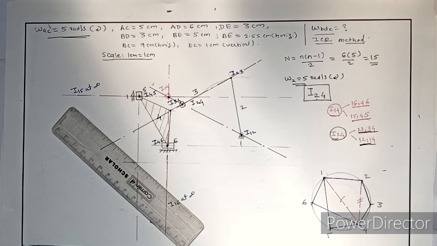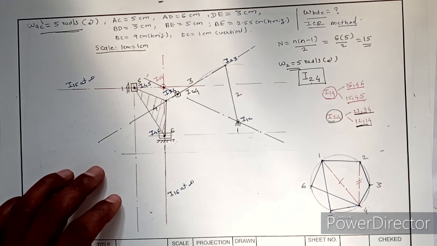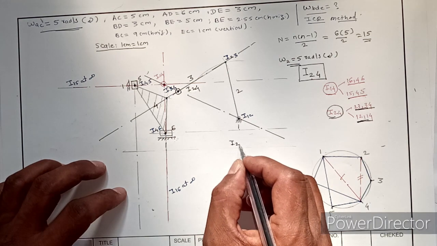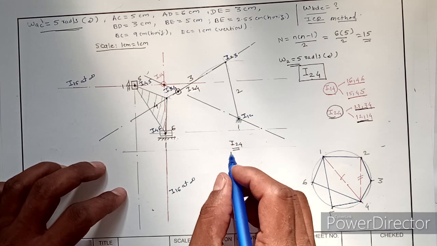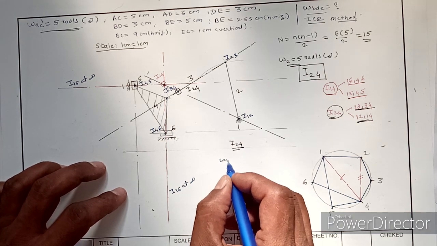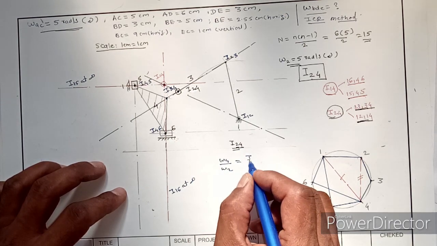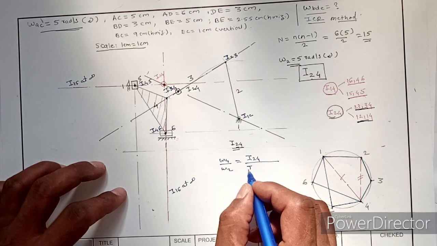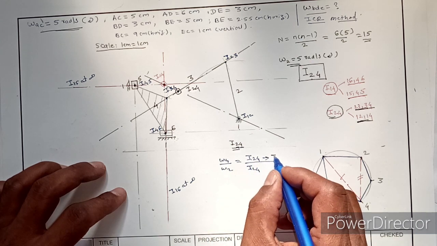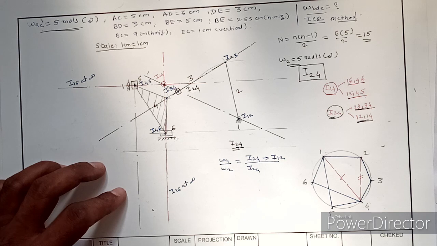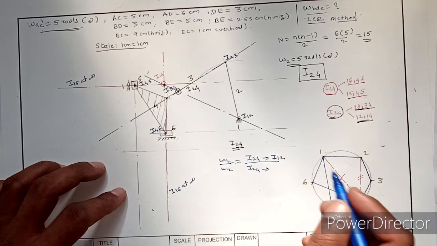Now let us do the calculations. The rest is simply to apply the angular velocity ratio theorem. We have plotted I24, so omega 4 divided by omega 2 is equal to the distance of the common IC I24 from the center of rotation of link number 2, divided by the distance of I24 from the center of rotation of link number 4.